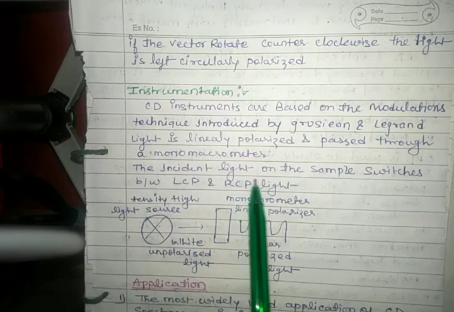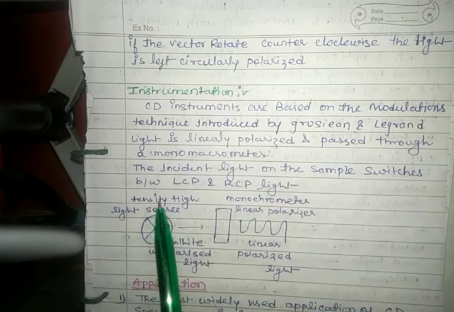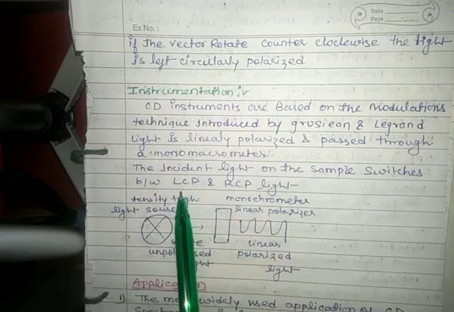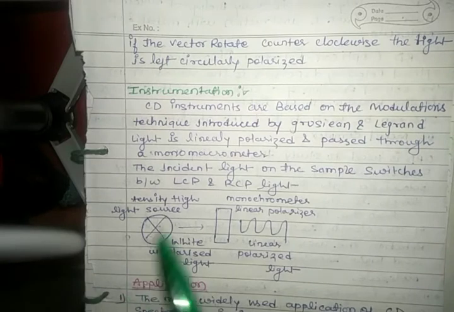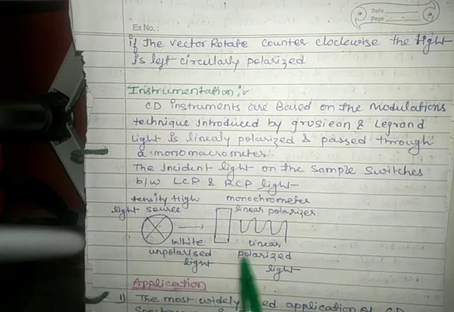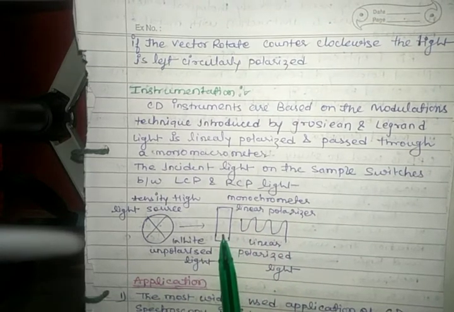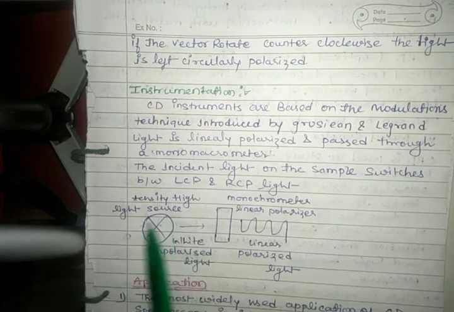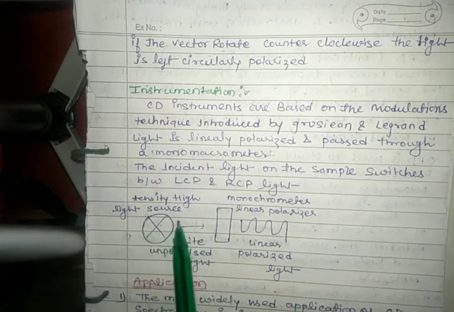The incident light on the sample switches between LCD and RCD, left circular dichroism and right circular dichroism. So this is the diagram of the monochromator, the linear polarizer, and this is the high intensity light source.